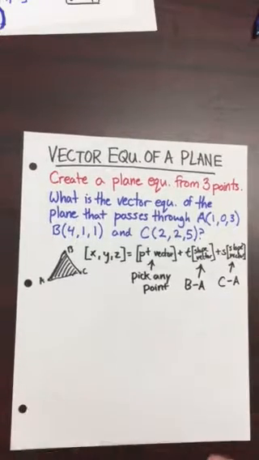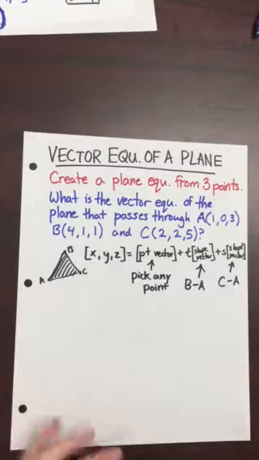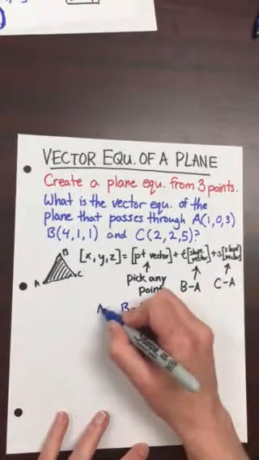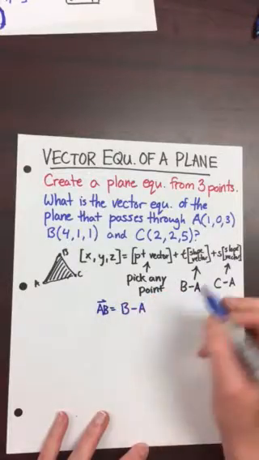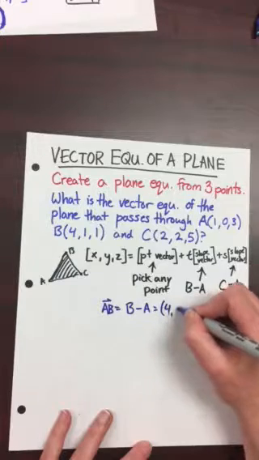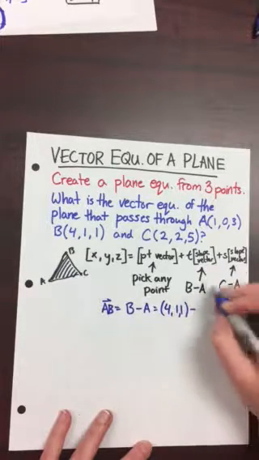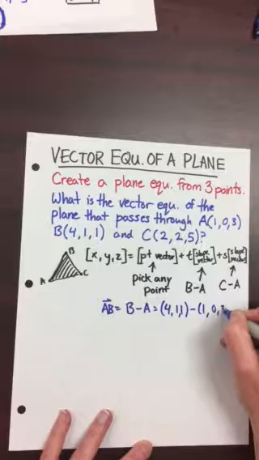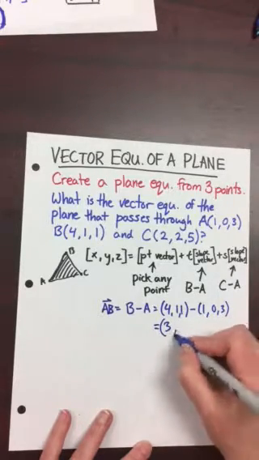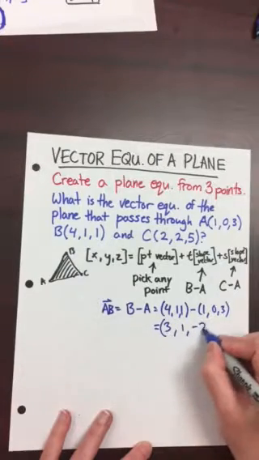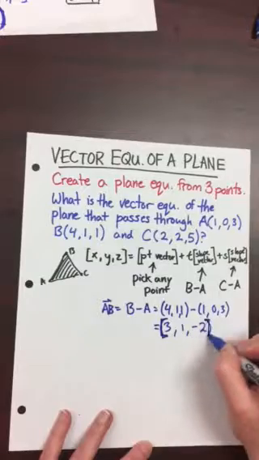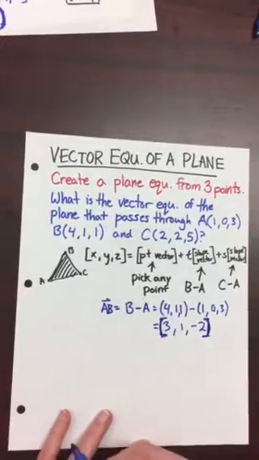So b minus a, that's vector AB. B minus a is going to be 4, 1, 1, minus 1, 0, 3. So 4 minus 1 is going to be 3, 1 minus 0 is 1, and 1 minus 3 is negative 2. So that right there should make it a vector. That is my vector AB.